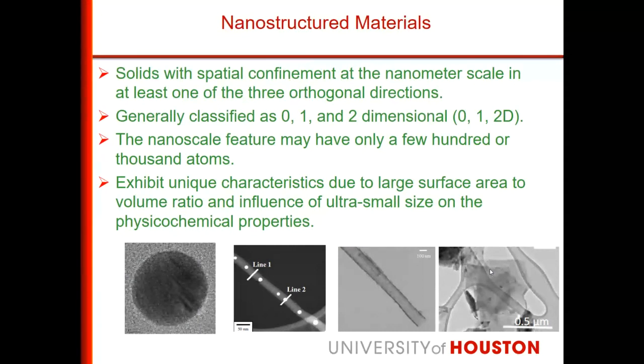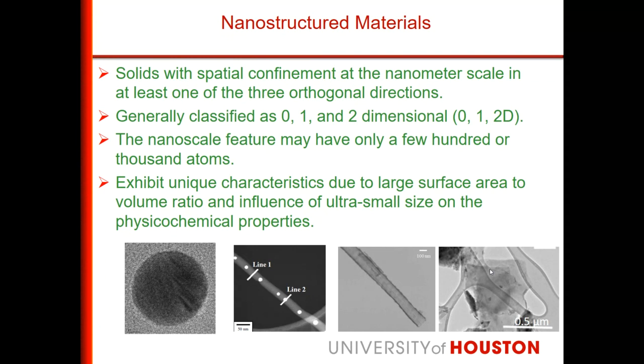The materials with at least one dimension in the range of nanometers or in the nanometer scale. Usually we say if the feature size is less than 100 nanometers, it is a nanomaterial. So depending upon how the material is confined in space, we call it 0, 1, or 2-dimensional.